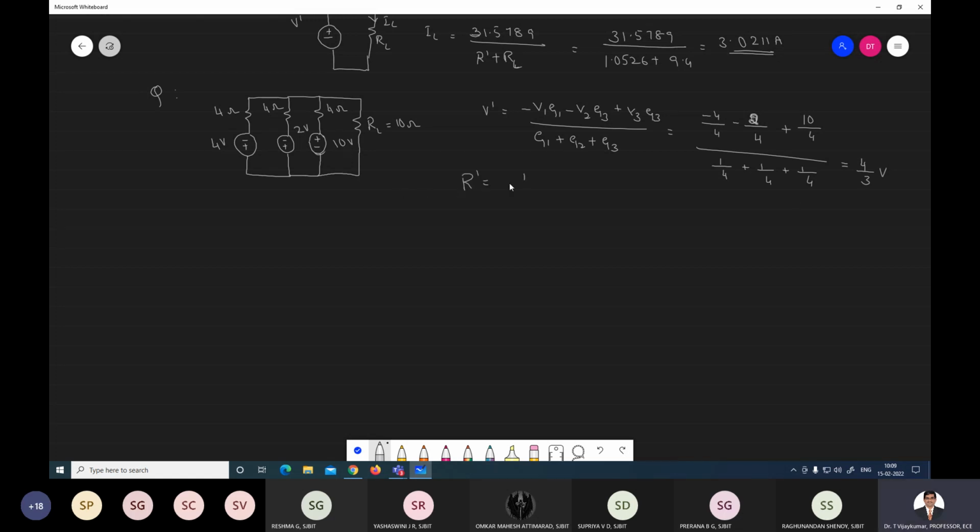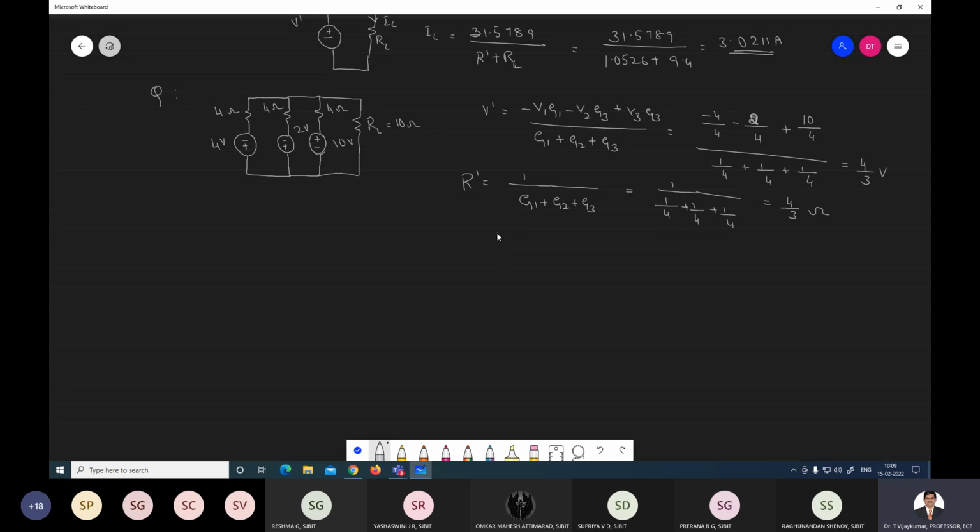R dash is given by 1 over G1 plus G2 plus G3, that is equal to 1 by 4 plus 1 by 4 plus 1 by 4. This is nothing but again 4 by 3 ohm. Both voltage and resistance are the same, 1.33 volts and ohms.